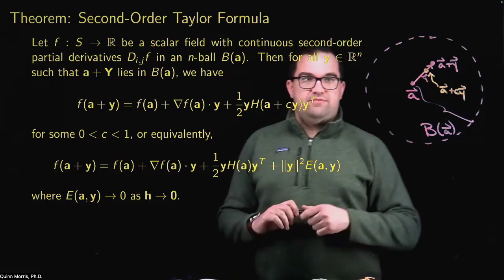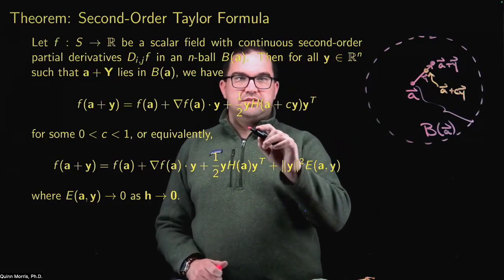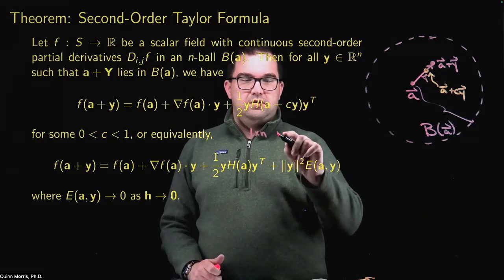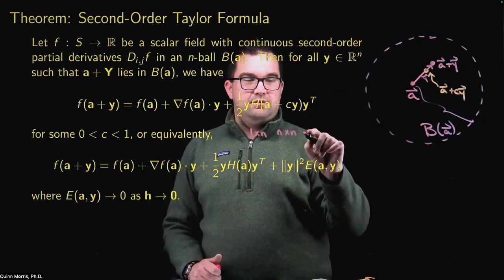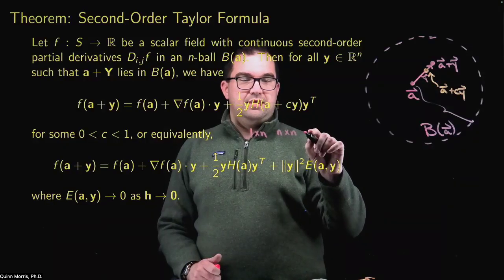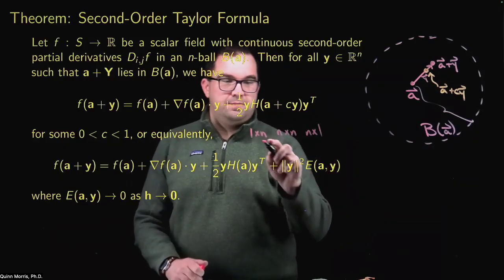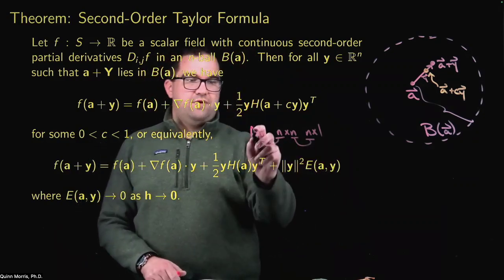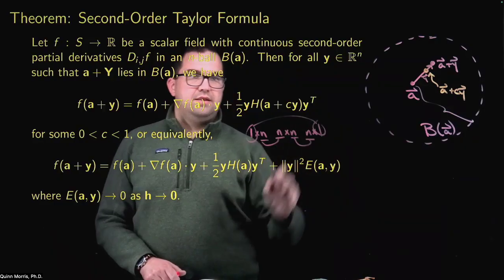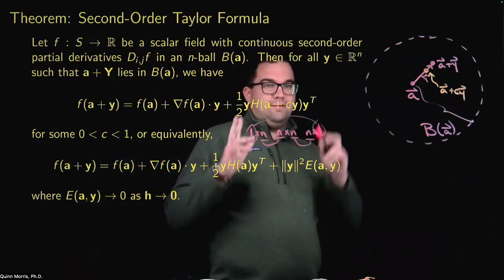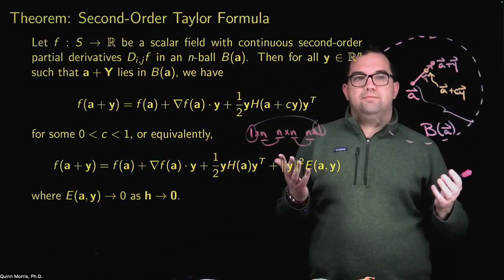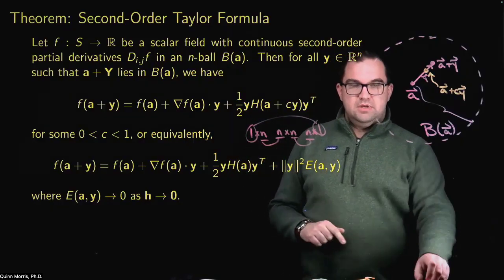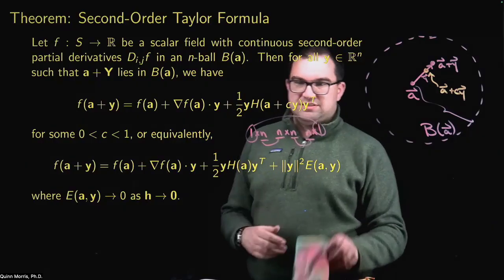If you remember a little bit of linear algebra, this is a 1 row by n columns, an n times n matrix, and then an n by 1 vector. All our inner dimensions match, so this matrix multiplication is well defined. At the end of the day, we end up with a 1 by 1 matrix. It's really just a scalar. So this y times H times y transpose really gives us back just a scalar.